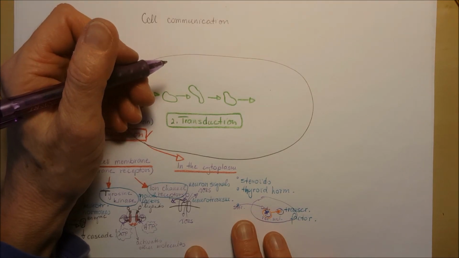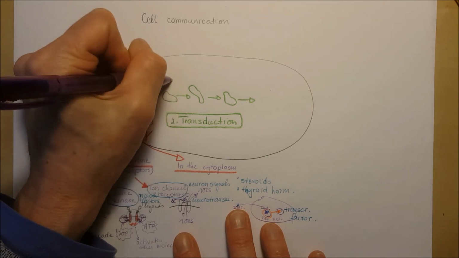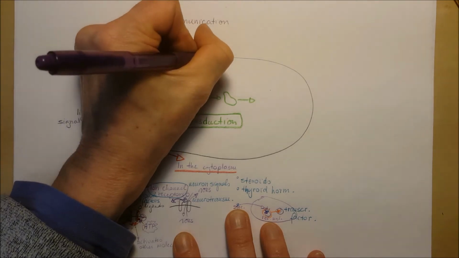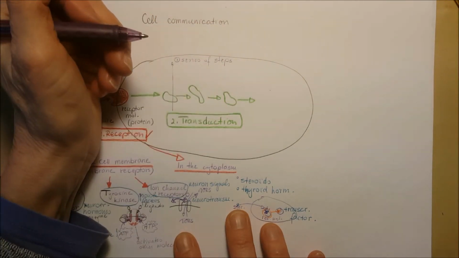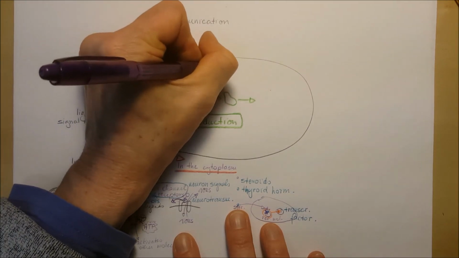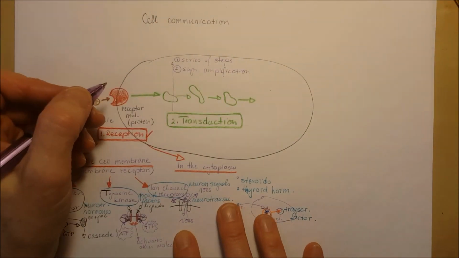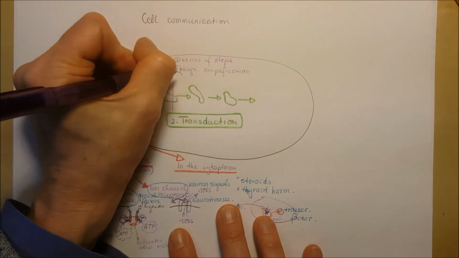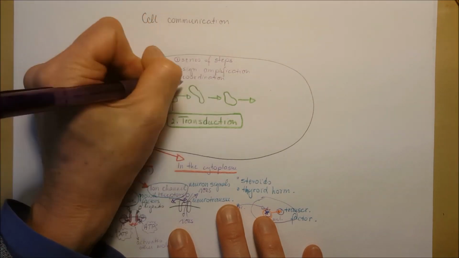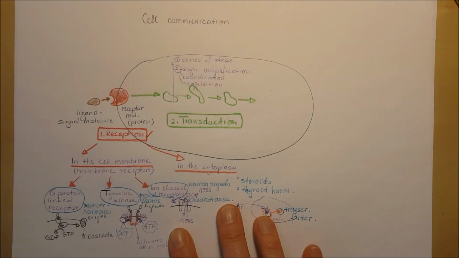The transduction is a series of steps after each other, kind of a domino effect if we think about it in a linear way, but it can also amplify signals. It is great for coordination and regulation of the responses.